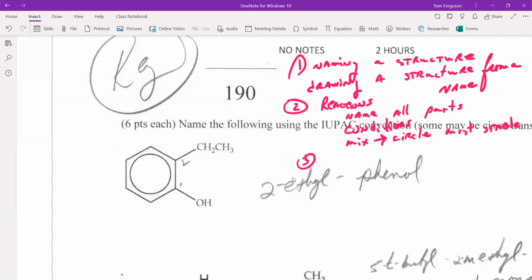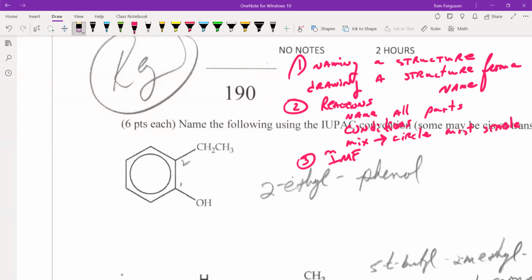And lastly, some intermolecular forces. Every test will have these 3.